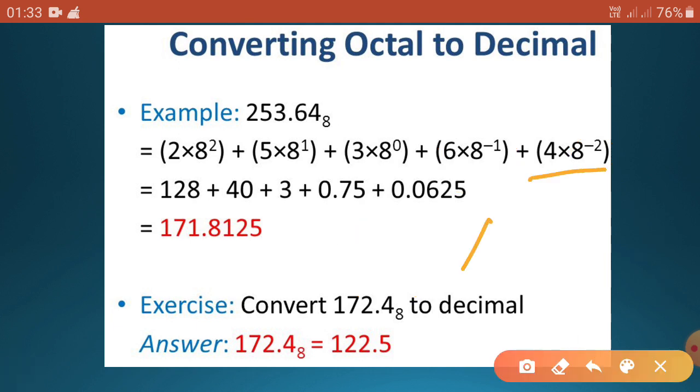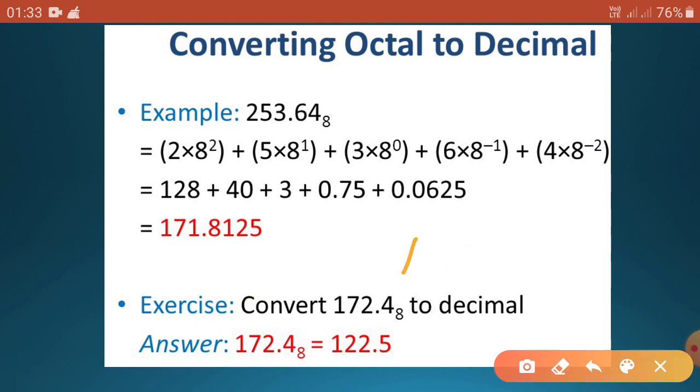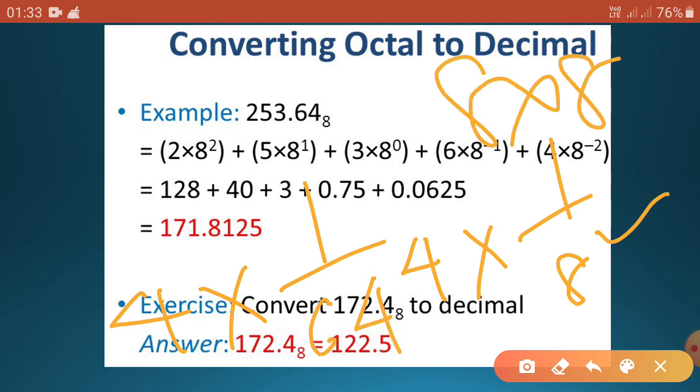Then 4 into 8 to the power minus 2 gives us 4 into 1 by 8 to the power 2. So 4 into 1 by 8 to the power 2 means 4 into 1 by 64, because 8 to the power 2 means 8 into 8, that gives us 64.